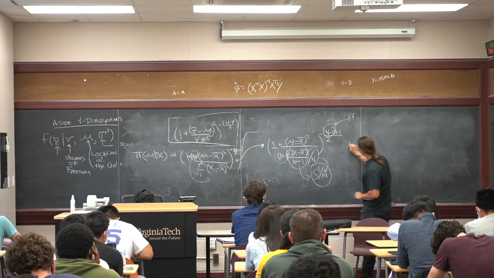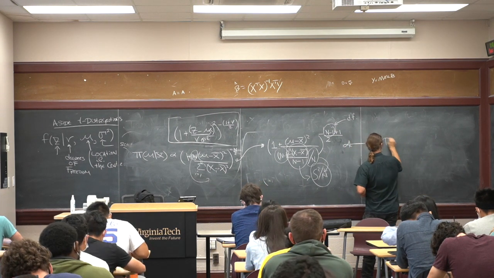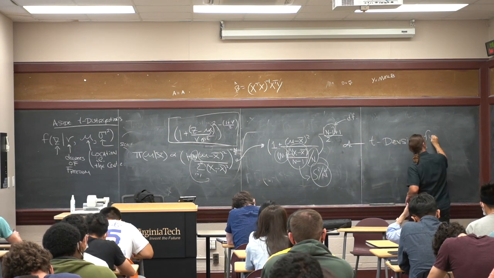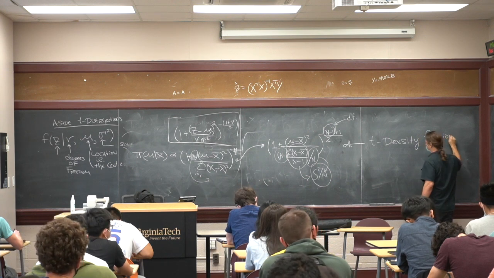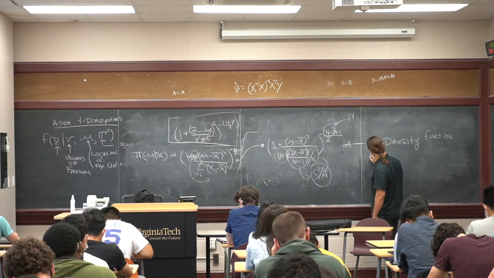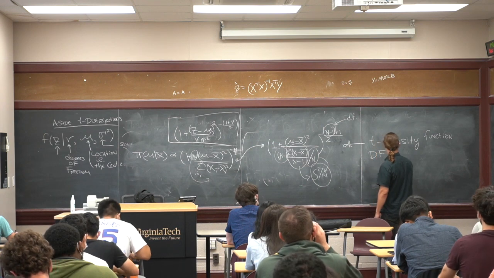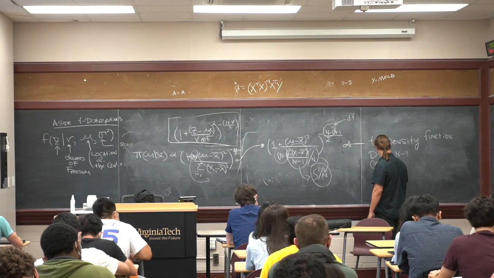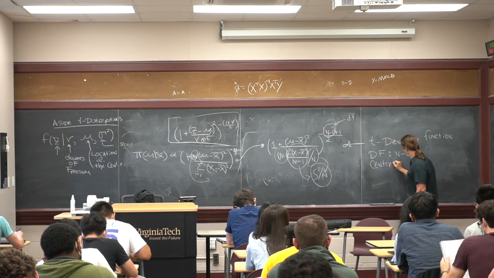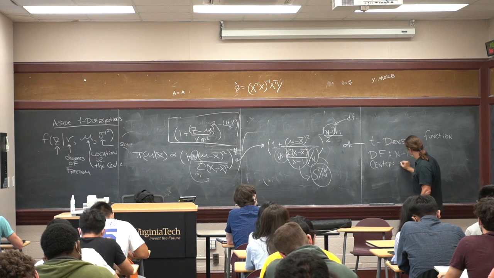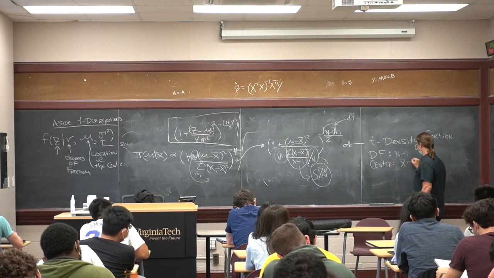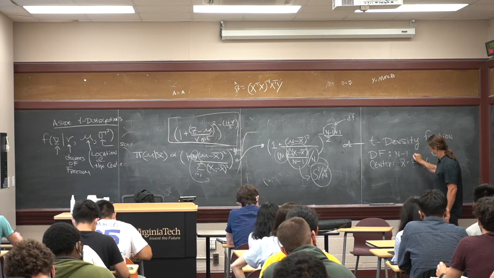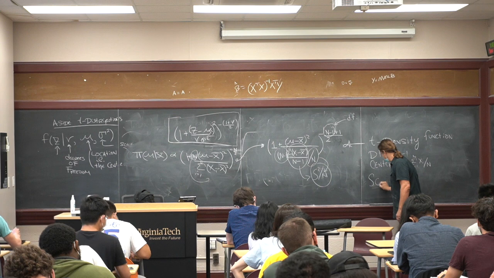So this is a t. It's a t density function. Centered at x bar, it has degree of freedom n minus 1. Its location is x bar, sum of the xi's over n, and the scale.